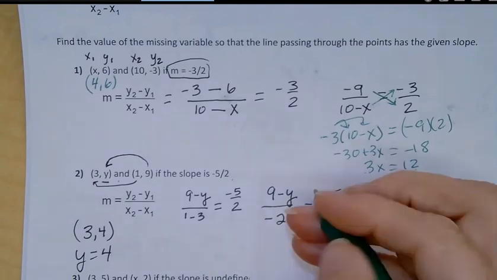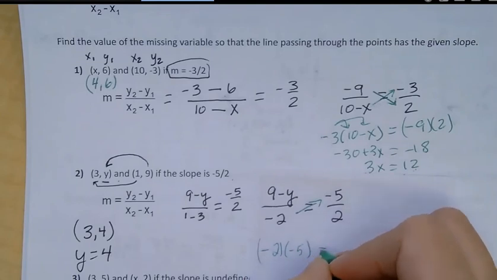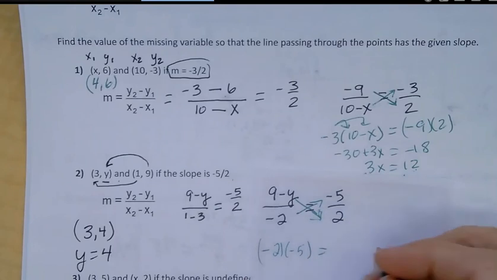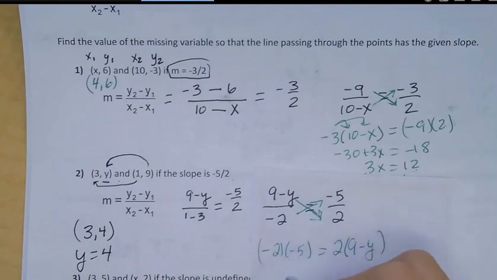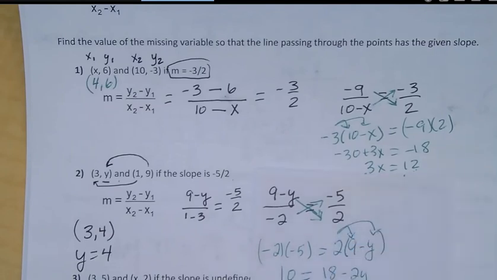If I cross multiply, I have negative 2 times negative 5 equals 9 minus y times 2. I'm going to write it like this just because I like that better for my distributive property. So negative 2 times negative 5 is positive 10. That equals 18 minus 2y. Remember, we're using distributive property.